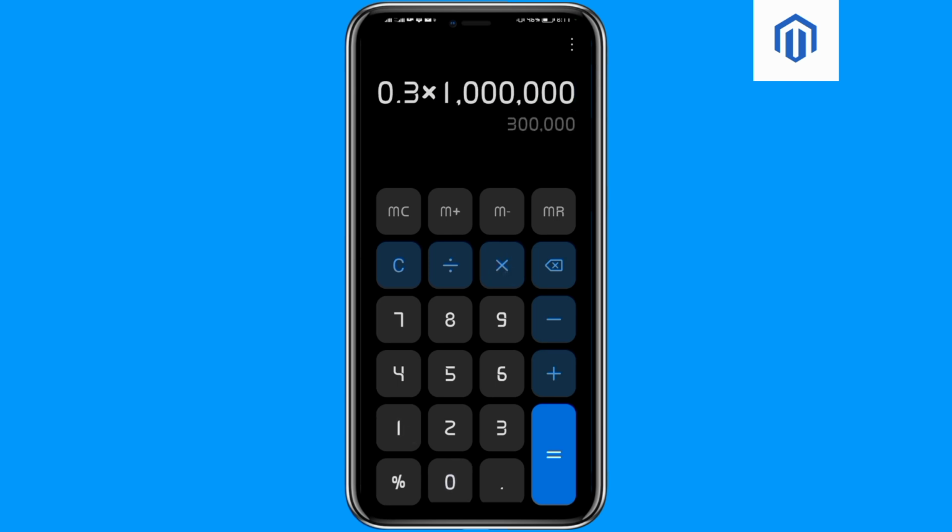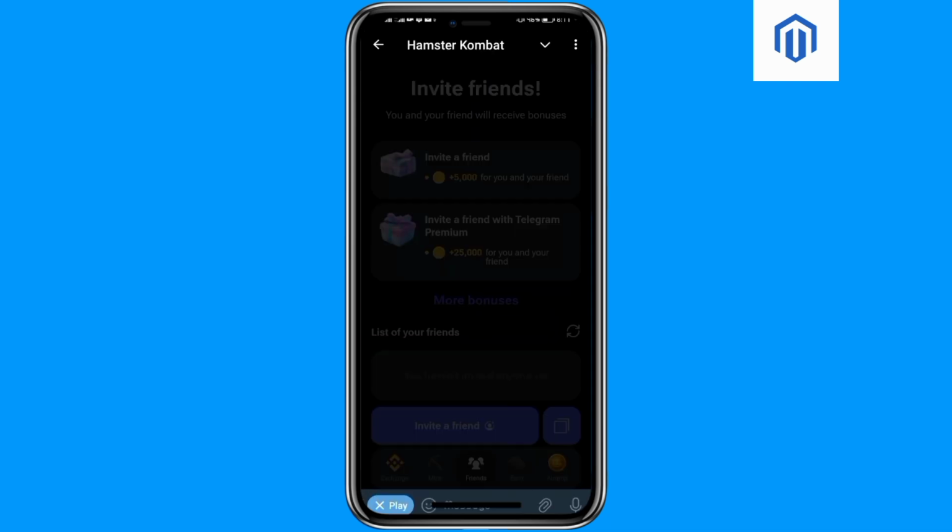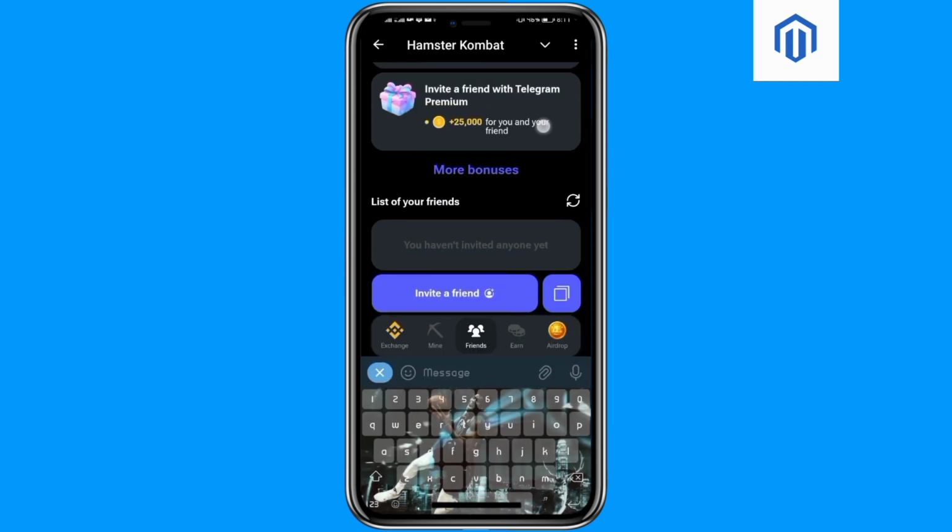That is around, let me see, okay, this one is 0.03, 0.003. Okay, so this is around like $300 that you can make out of this mining process, okay? And this is just less for me. You find guys who have around 2 million, 5 million.